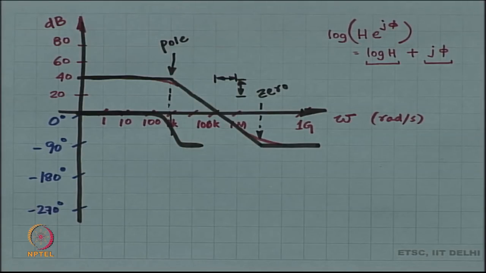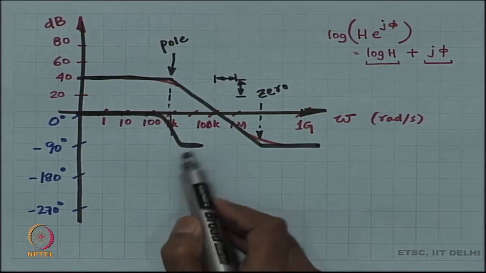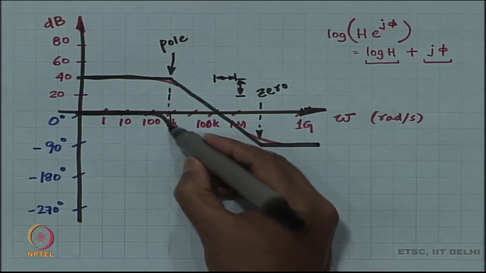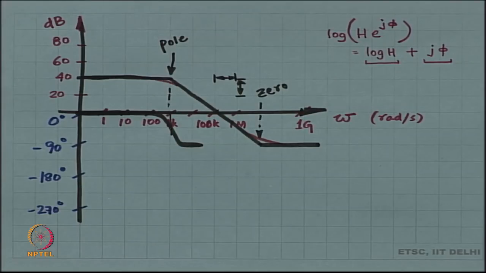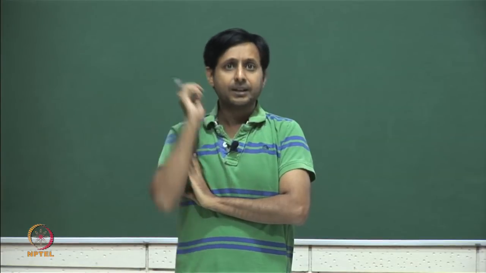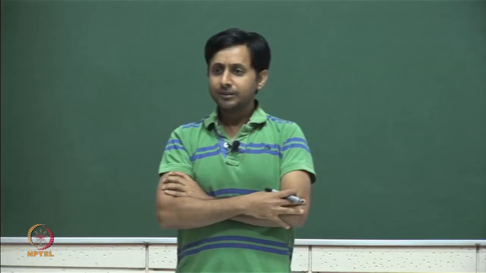All right. And again you have to make it a little smooth. It is going to pass through minus 45 degrees at that precise point, and how much to smooth by, you have to smooth it by plus minus 1 decade around the pole. So, this is the idea. Now, what happens at a 0?